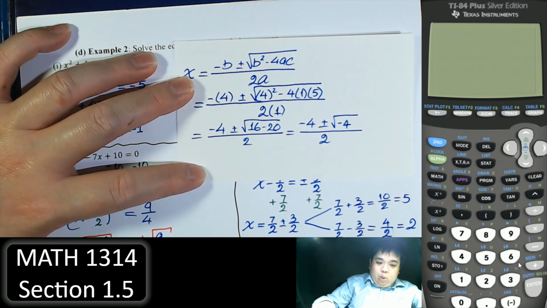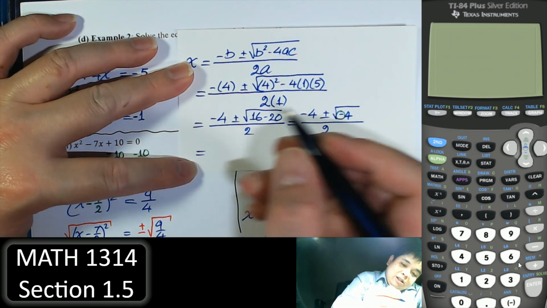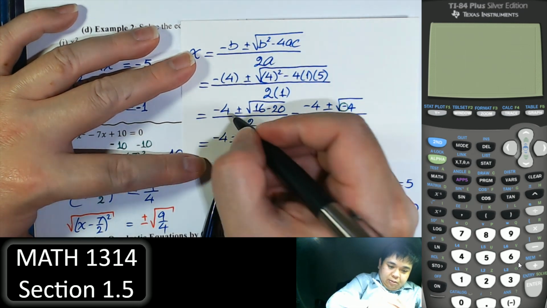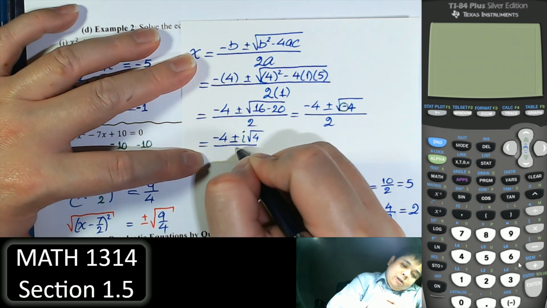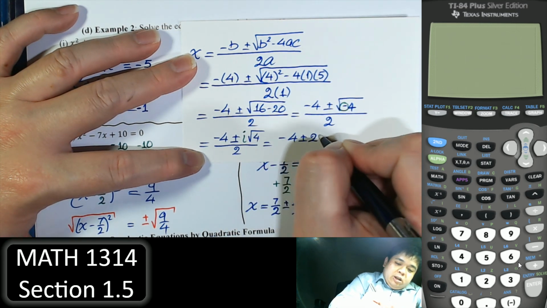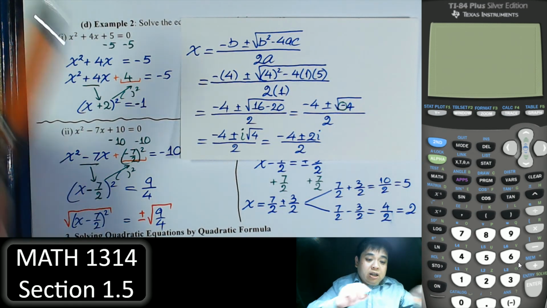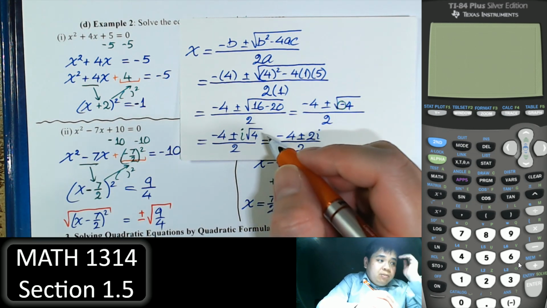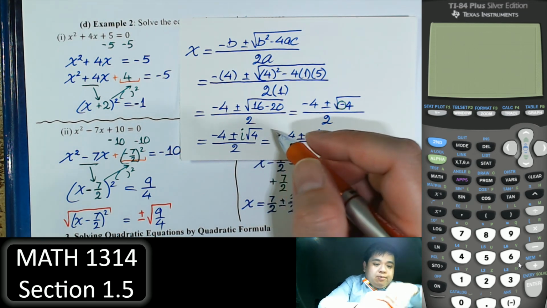Now, we did say that the square root of a negative is the imaginary i. So we have negative 4 plus or minus square root 4 is 2i over 2. The most common mistake I see is you cancel the 2 here or cancel the 4 with the 2. We cannot do that. We can only cancel when there's a product or a quotient, multiply or divide.